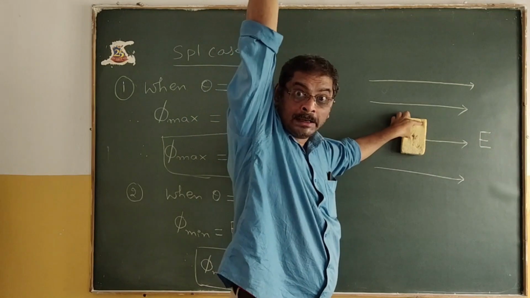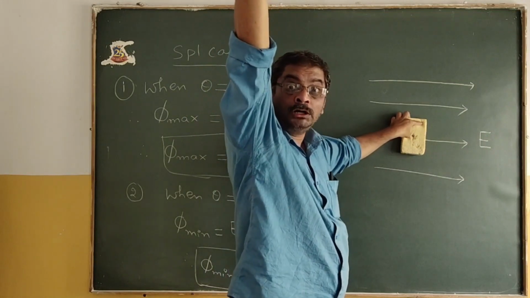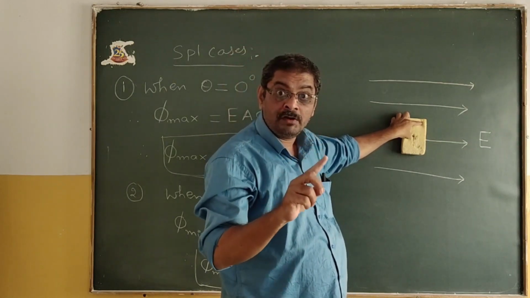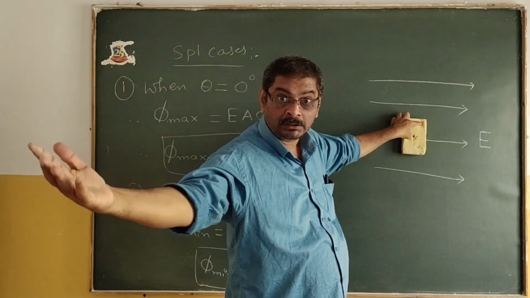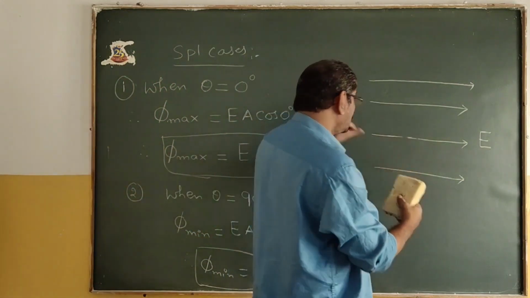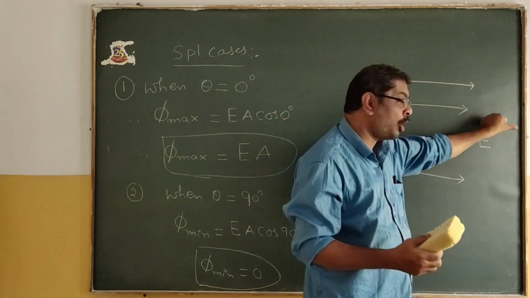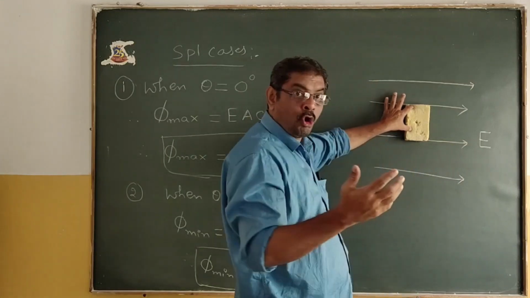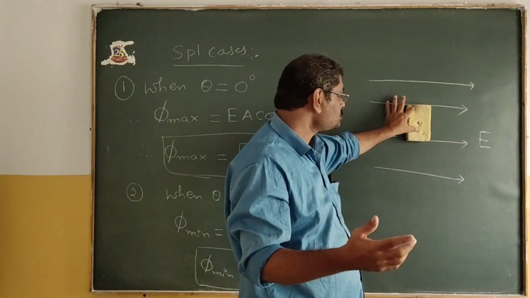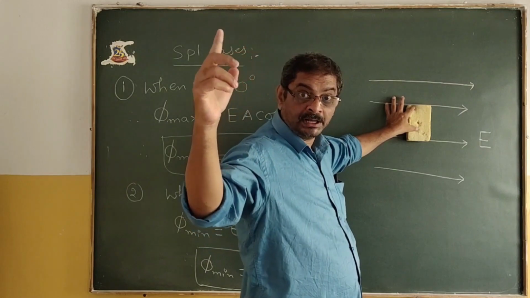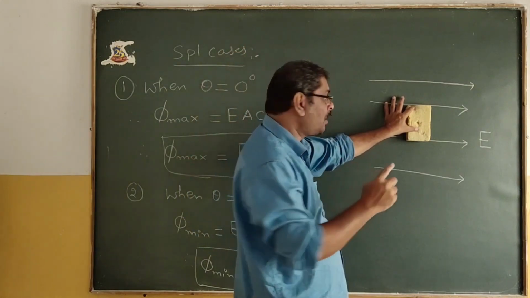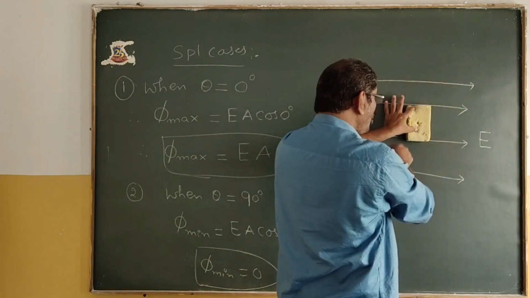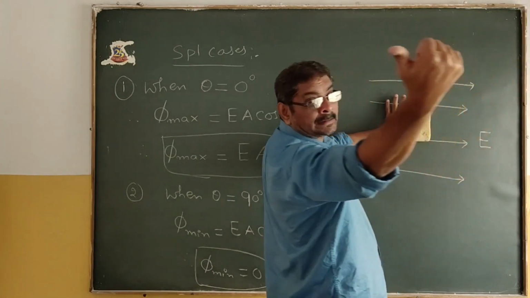Can you tell me what will be the angle between the field vector and the area vector? You already know the field vector will be horizontal. Now what will be the direction of the area vector? Remember, the direction of the area vector will be normal to the plane of the surface but acting outward.